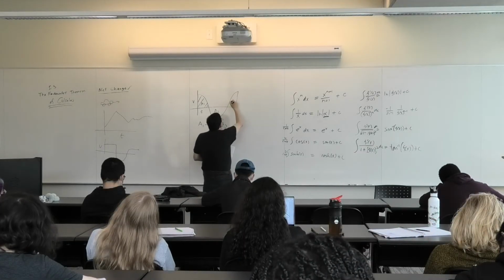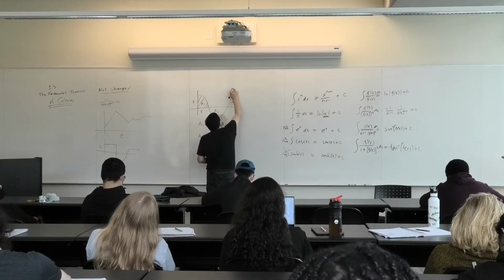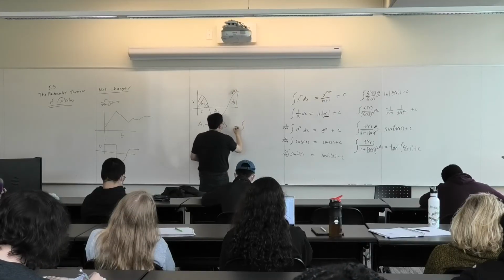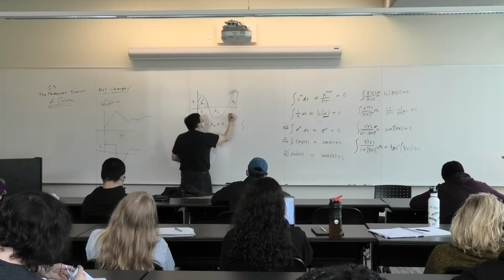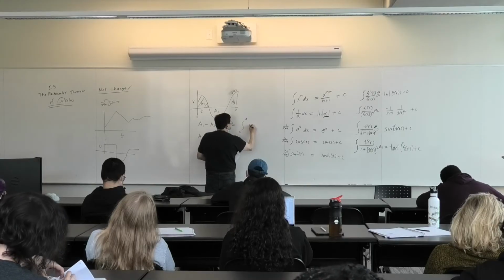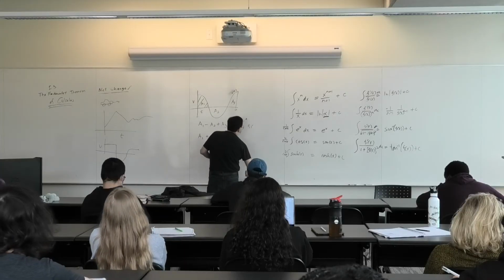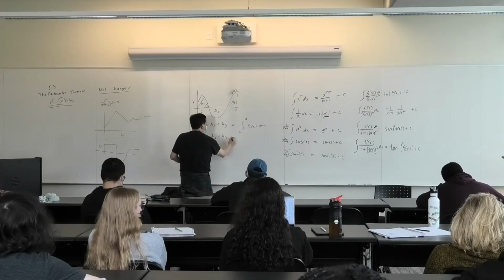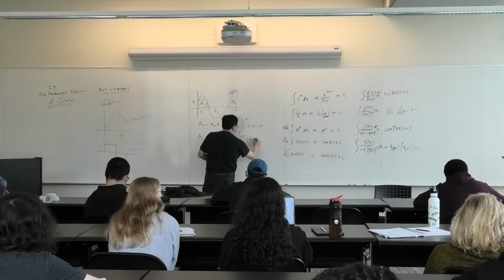Or if you think of this as some function, like v of t, this would be represented by the integral from, say, 0 to a of f of t dt. This would be represented by what? The absolute value.